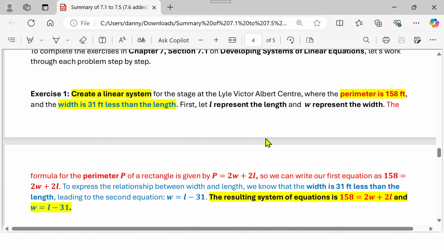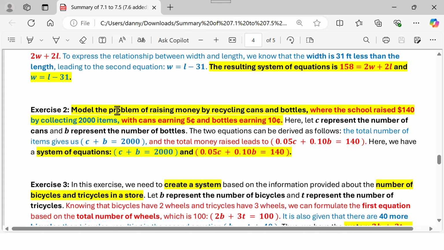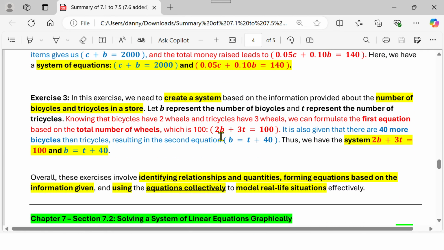Again, in 7.1, you're just creating a linear system. The question on the test will say create a linear system, or something along the lines of model the problem, which is the same as create a system.